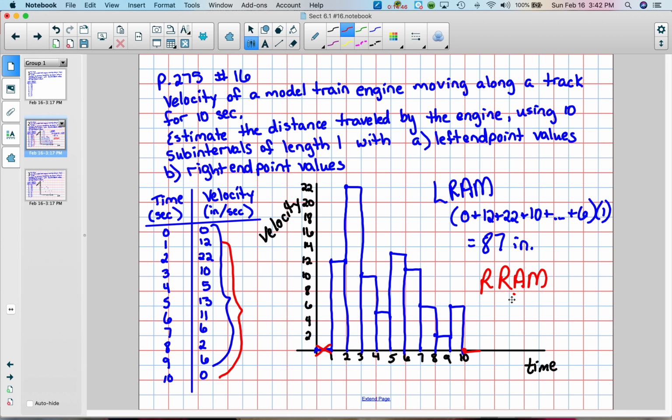Like I said, this one is going to be the same because the last two endpoint values were 0, so it didn't make any difference whether I was using LRAM or RRAM. But that won't always be the case, and on some of the homework problems, I know it won't be that way. So again, that would indicate that the train traveled a total distance in those 10 seconds of 87 inches.